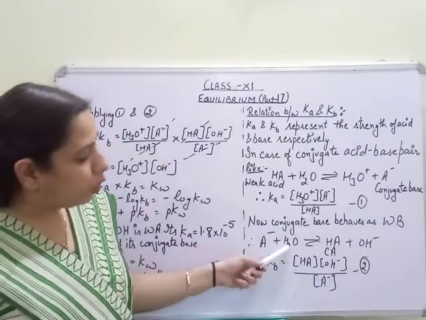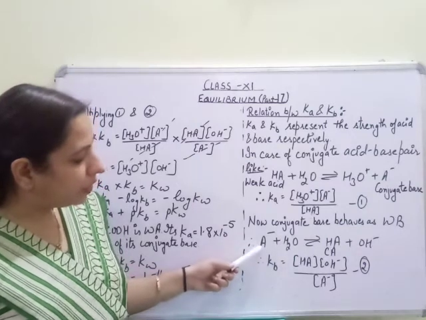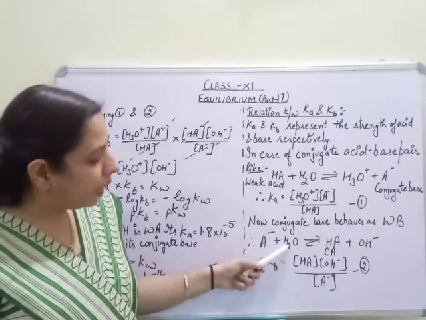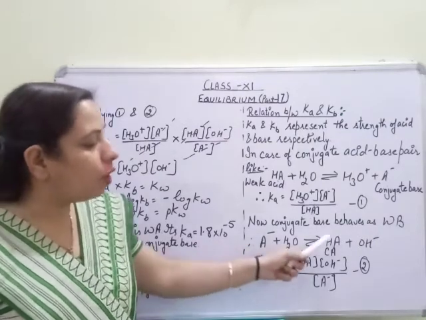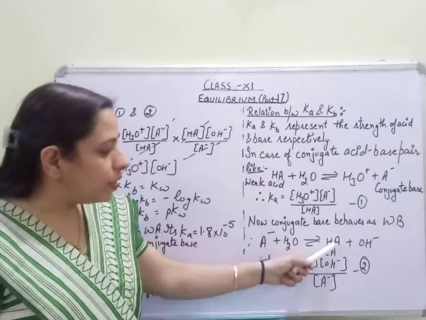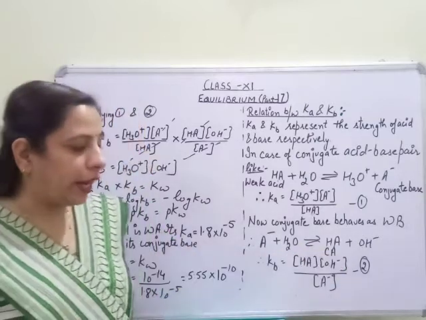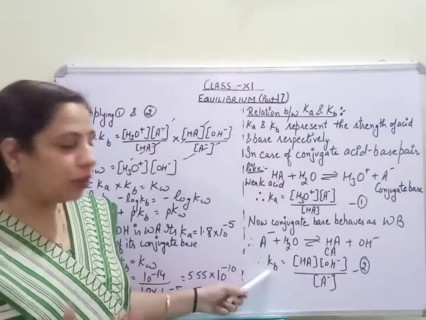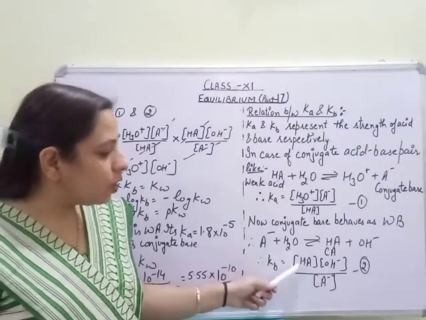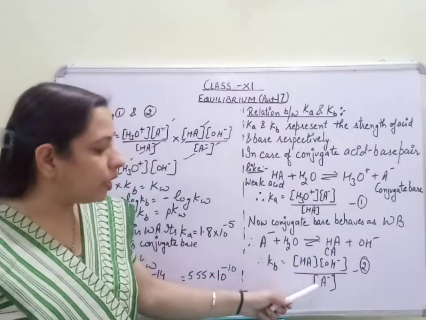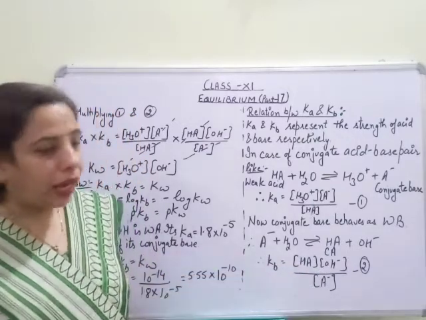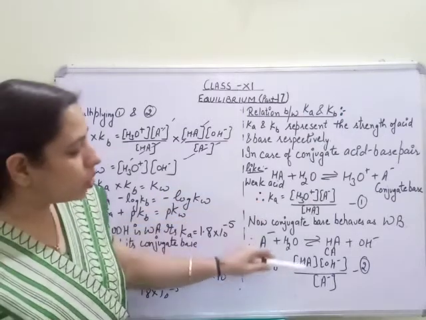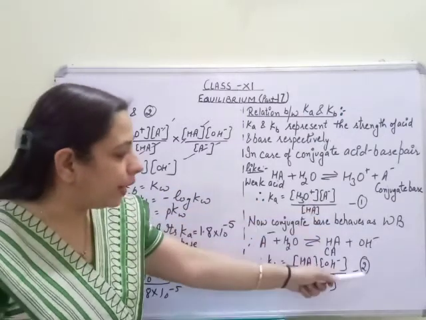On reacting with water, because it has the tendency to gain one H positive, after gaining one H positive from this water, it will form HA. What is left behind is OH negative. Now the expression for Kb for this reaction is concentration of HA into concentration of OH negative upon concentration of A negative.